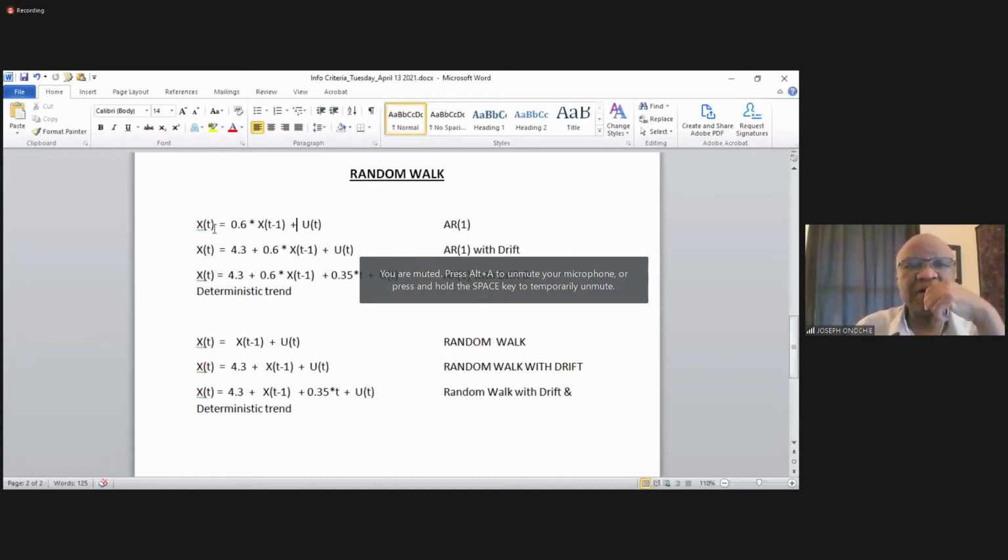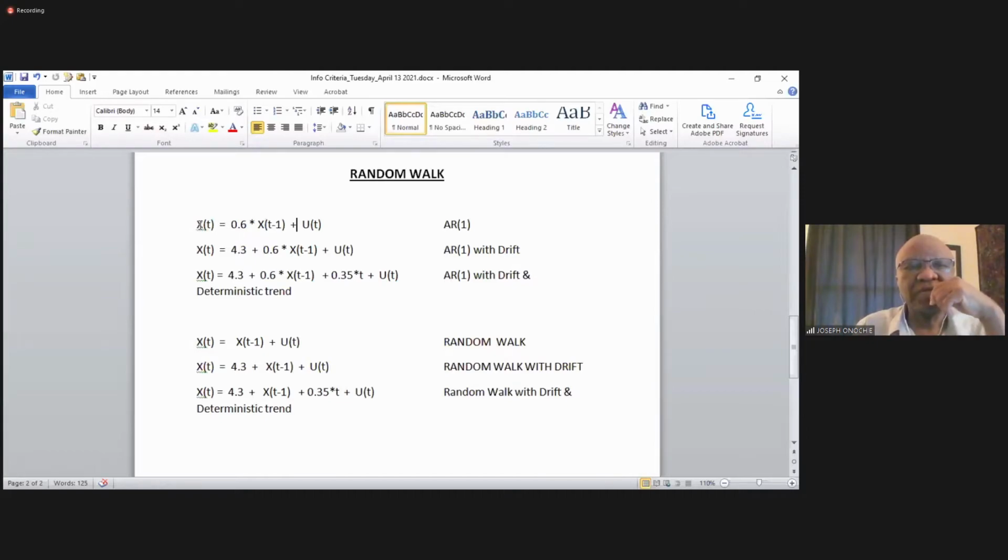So this is an AR1 model, the first one. It says that x of t is equal to 0.6 x of t minus 1 plus u t, where u t is a white noise error process. So this is an AR1.